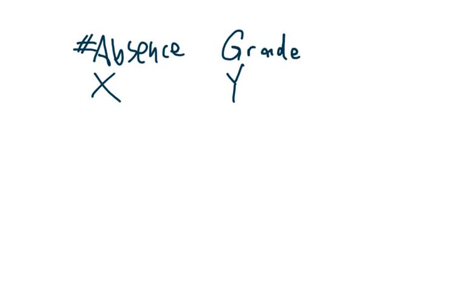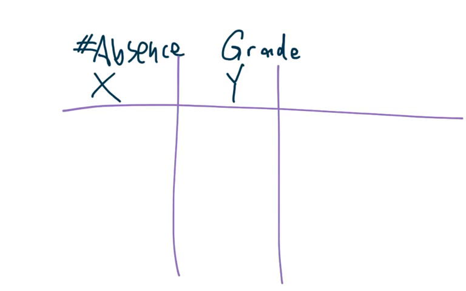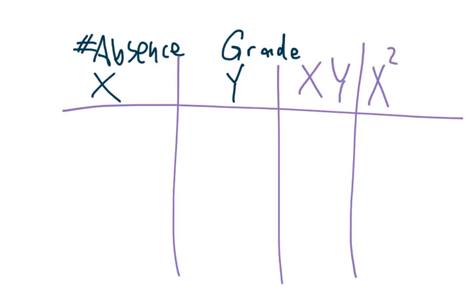And in that example, we had already copied down all of the values for X, for Y, and then in addition to that, we added some extra columns in our table. So we had a column for X times Y, a column for X squared, and then a column for Y squared as well.